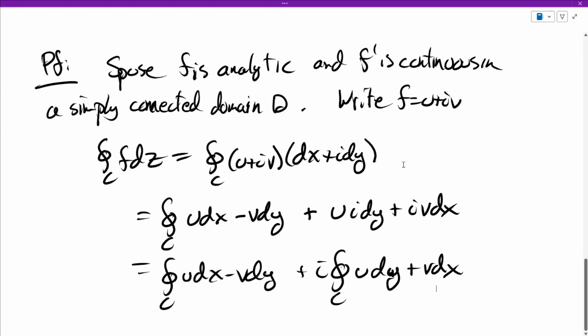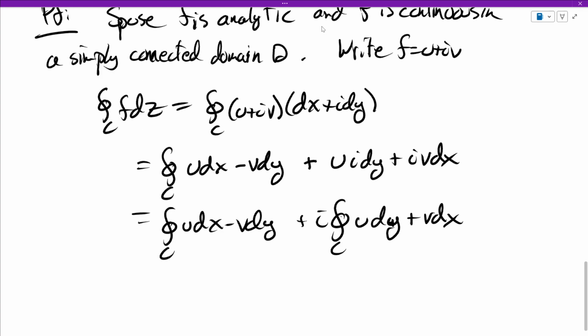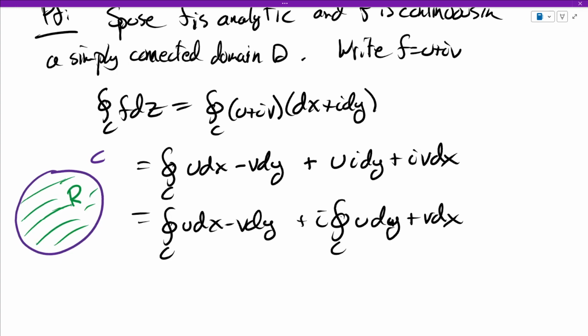Now since f prime is continuous and our domain is simply connected, the contour, let me draw the C over here, C bounds a region R that is entirely within D. So this is all within D. Namely, the derivative of our functions, and our functions are defined here.